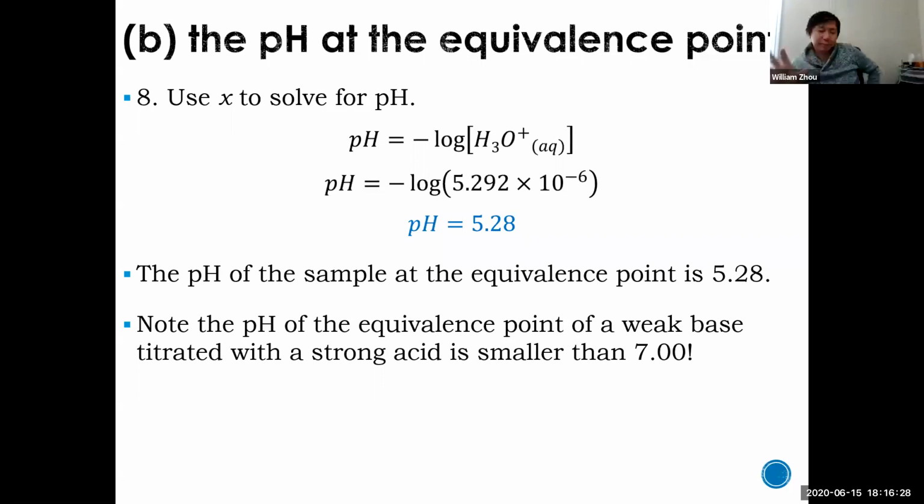The way I remember this, weak base, strong acid, well, acid is strong, base is weak, so it's got to be acidic at the equivalence point. I hope you got the same answer as me. Otherwise, check for your mistakes.